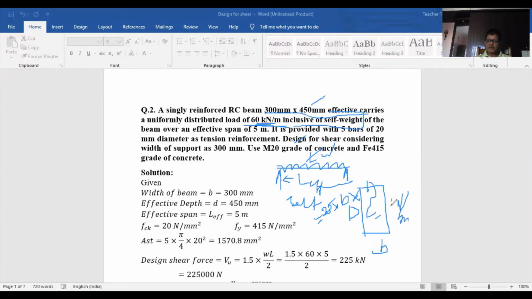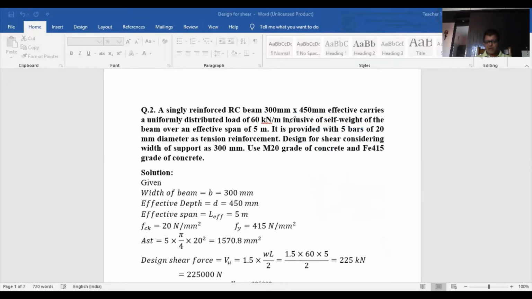This is the dead load. Dead load plus live load will be the total load. As it is given inclusive of self weight, we are not calculating all these things. Whenever it is given as not included, then you have to calculate this self weight and add it with the live load. Effective span is given 5 meter.